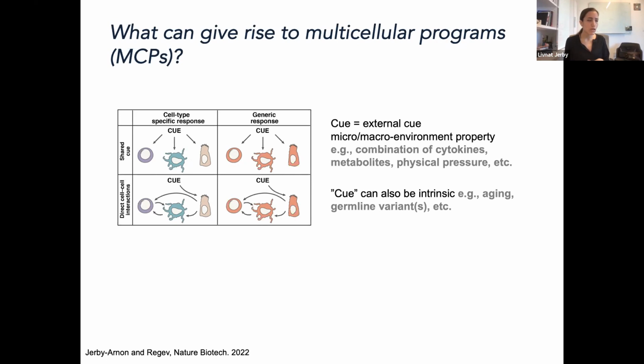For example, all the cells in our body share certain genetic variants, right? And if we look at cells from a different individual, they're going to share a different set of genetic variants. Also, all the cells in our body age. And so that's another shared cue that they all have, but it's intrinsic. So just keep that in mind.